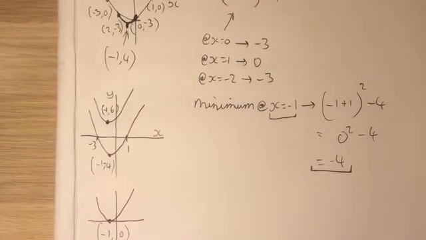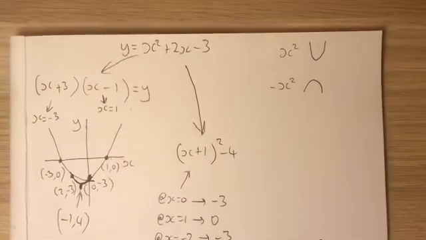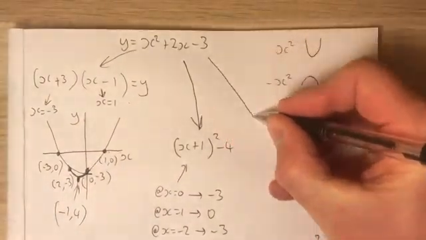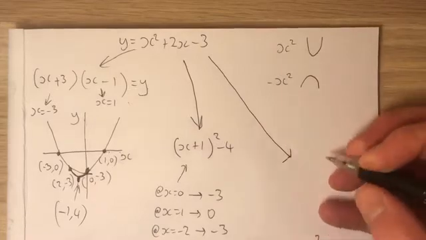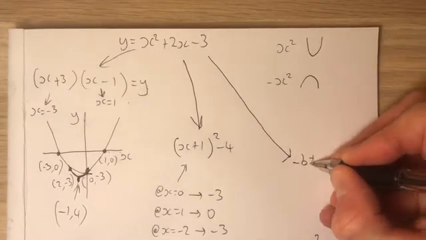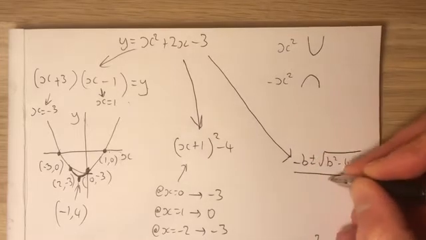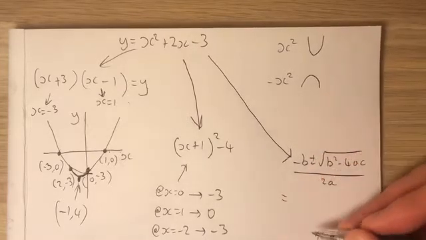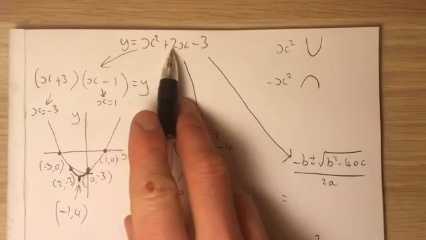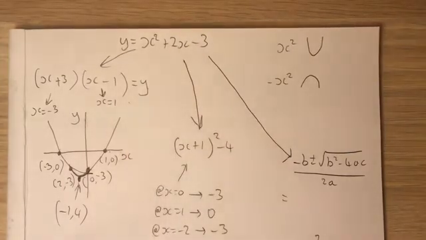What has this got to do with the formula? Well, let's hit this one, my original equation, with the formula. So that was -b plus or minus the square root of b squared minus 4ac all over 2a. So a is 1, b is 2, c is -3.